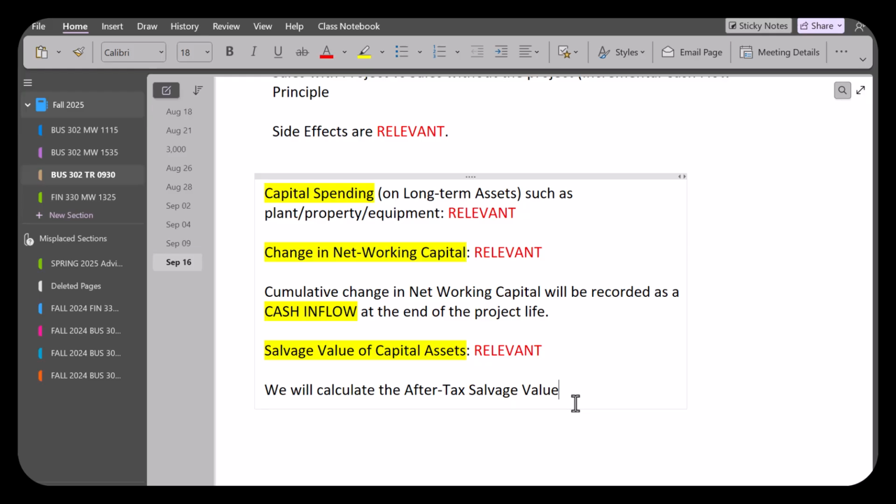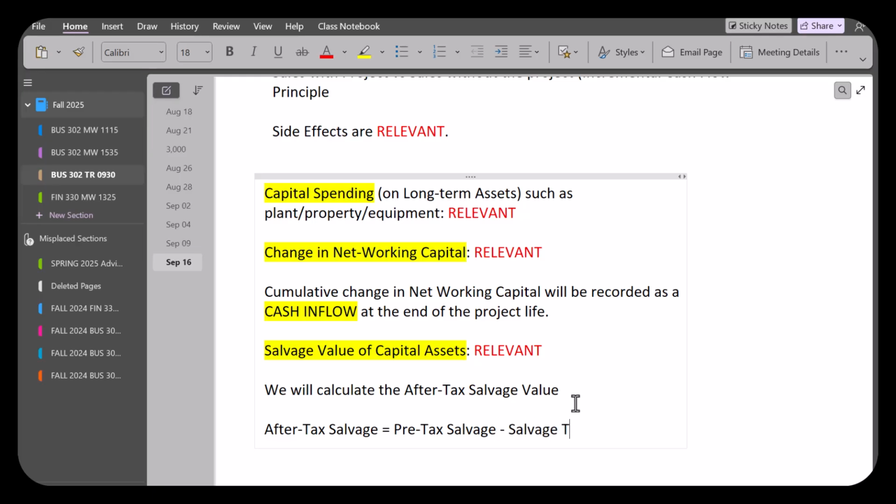So after tax salvage is equal to pre-tax salvage, the amount that you think you can sell it at, minus salvage taxes.